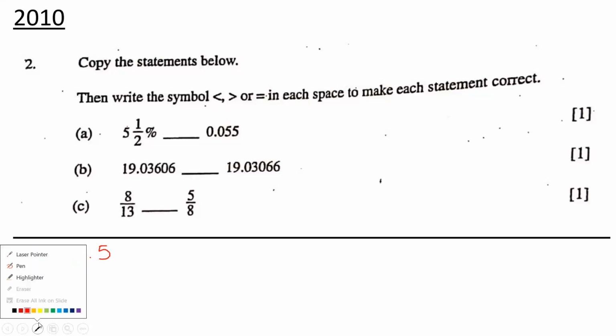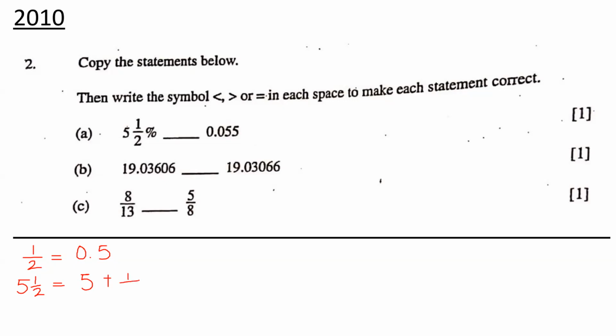Okay. Now we have 5.5, which is going to be equal to 5 plus a half. And what is 5 plus a half? Well, we know a half is equal to 0.5 now. So 5 plus 0.5, and what is 5 plus 0.5?